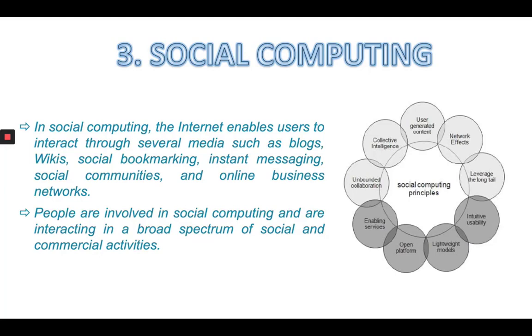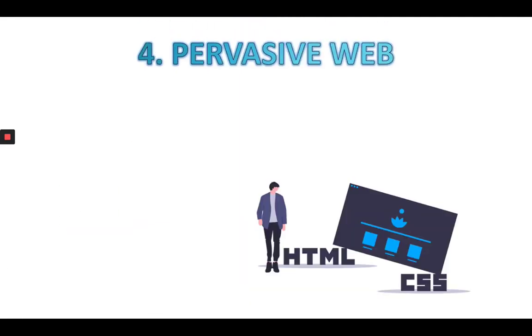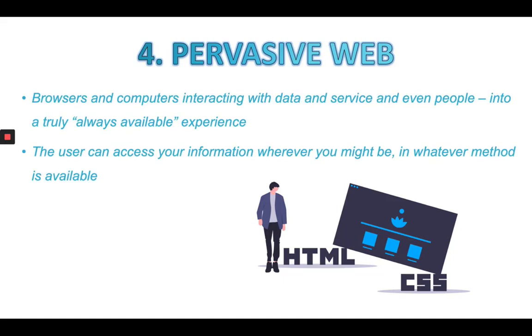So we move to the fourth component, the pervasive web, and it's very easy to understand. The pervasive web speaks to the redistribution of what we know as the internet, with browsers and computers interacting with data, services, and even people, into something truly always available.